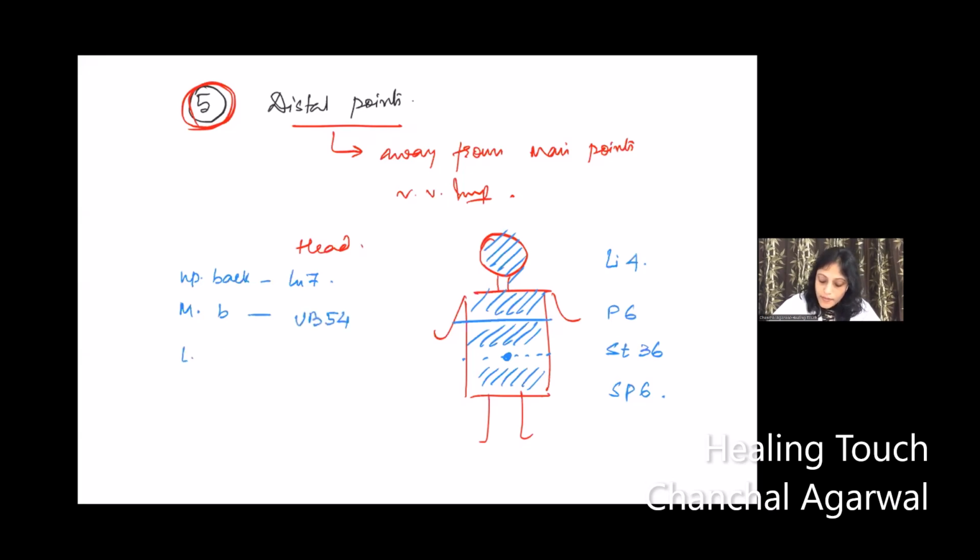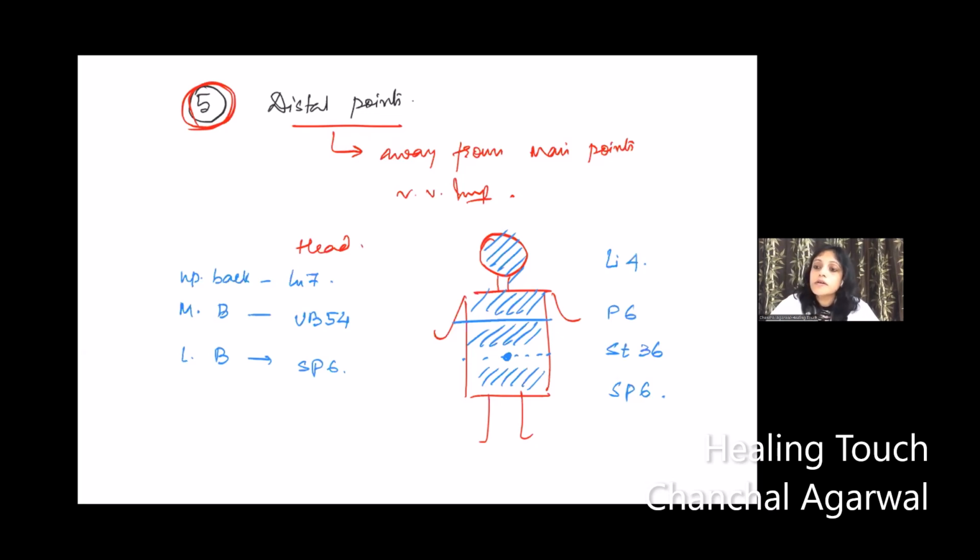And lower back, you have again SP6. So you will see SP6 is repeated 2 times, one for the front, one for the back. So in total there are 7 distal points which are most important and we should remember them. Is this clear to everyone? Distal points. What are distal points?